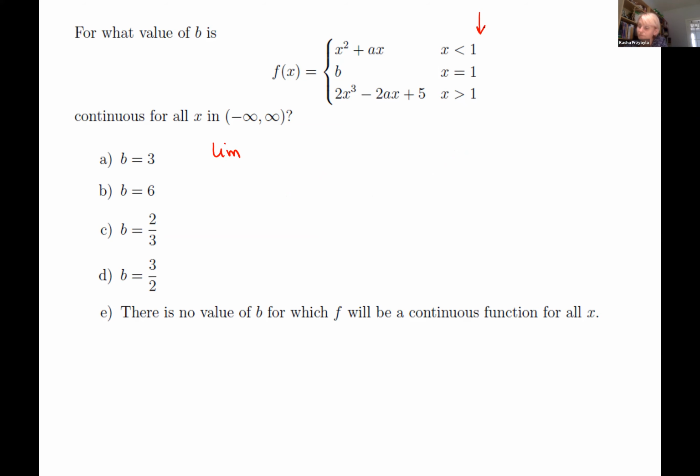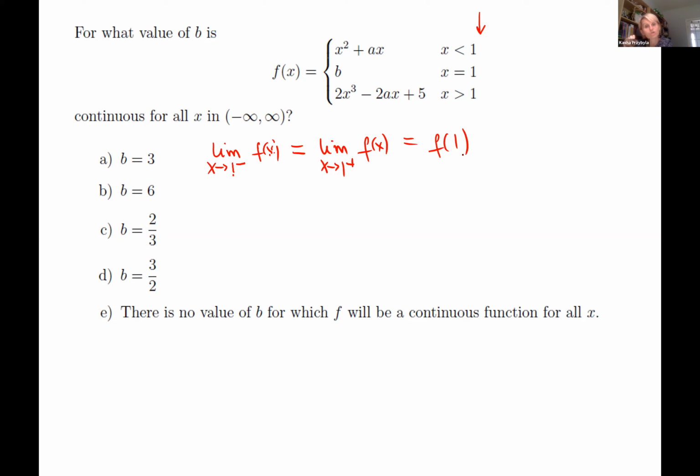The limit at 1 from the left-hand side must be the same as the limit at 1 from the right-hand side. And of course, the value at 1 must be the same. What is the value at 1? Can you tell me the value of this function at 1?